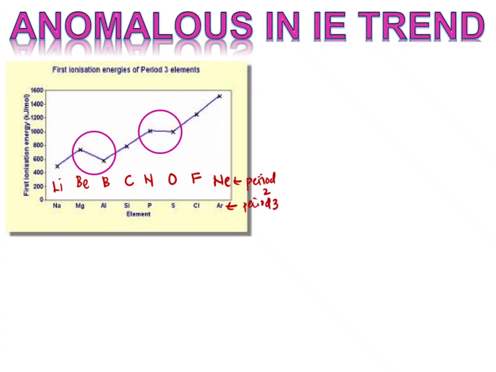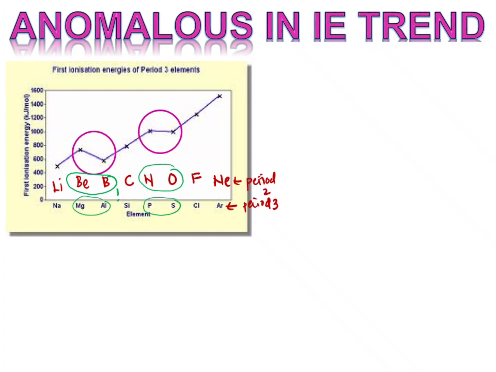Graf dia sama juga. So nanti in between beryllium dengan boron juga ada berlaku anomalous IE trend, ionization energy, dan between nitrogen dengan oksigen pun akan berlakunya anomalous trend. So sama juga magnesium and aluminium dan juga phosphorus and sulfur.